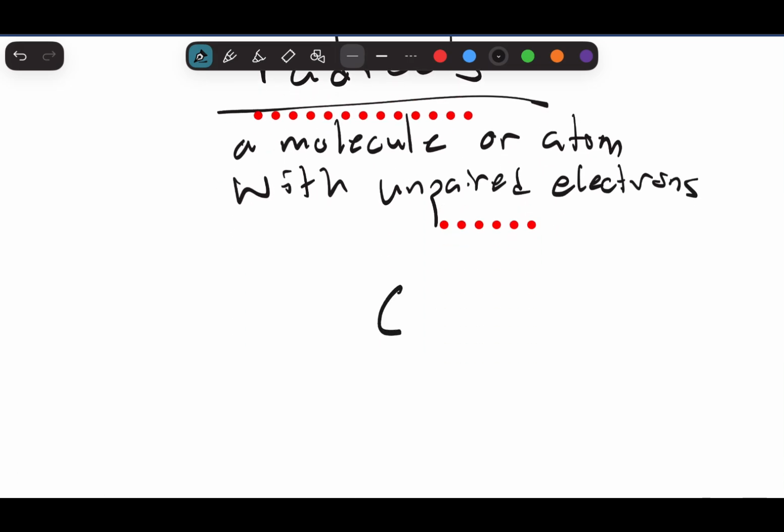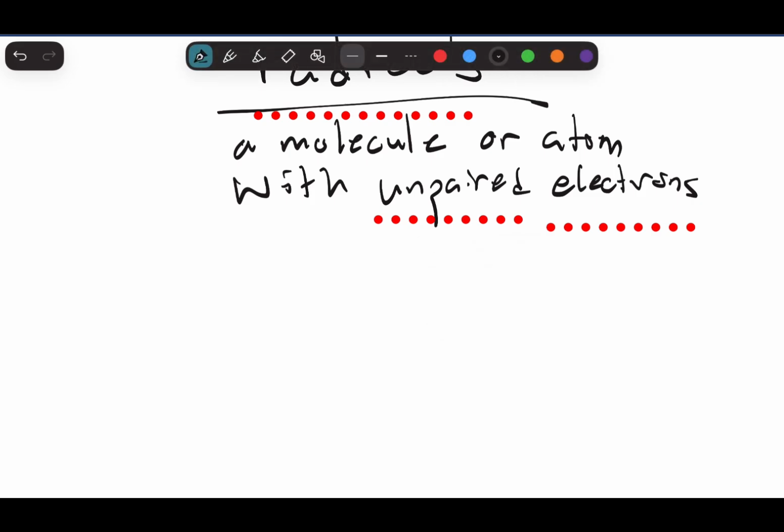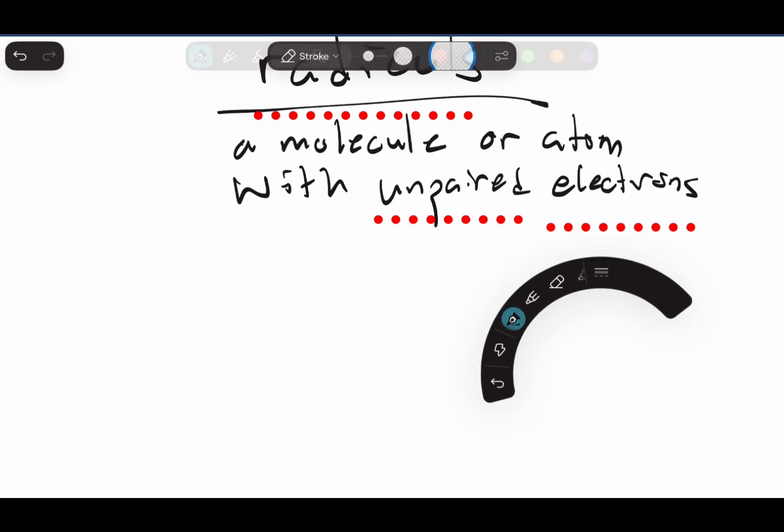So for example, chlorine radical would look like this, okay? Or an OH radical, because we know OH is minus usually in ionic form, but an OH radical would be like this. It doesn't matter where you put your radical sign. It could be here too, left or right, because the IB doesn't penalize you for writing it on the wrong side, but you get the point.